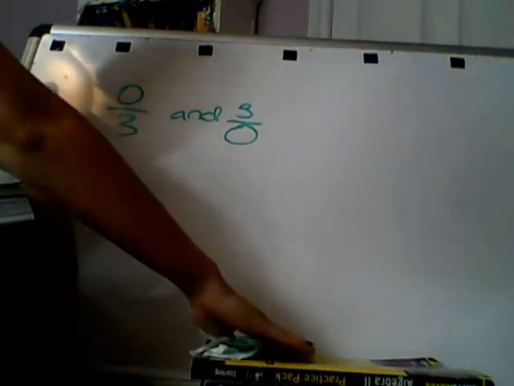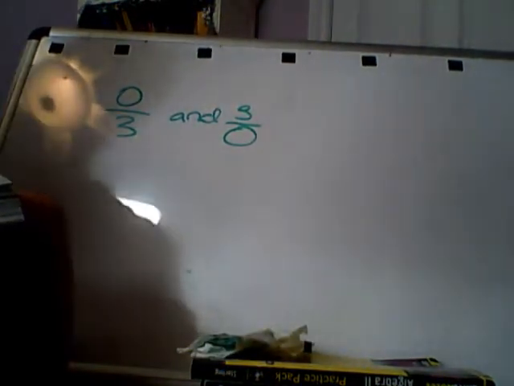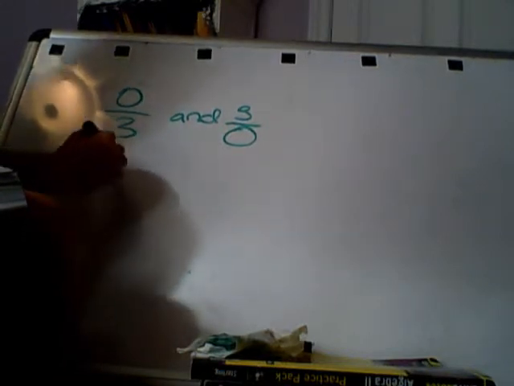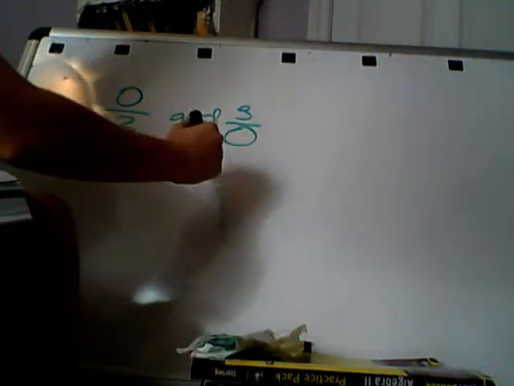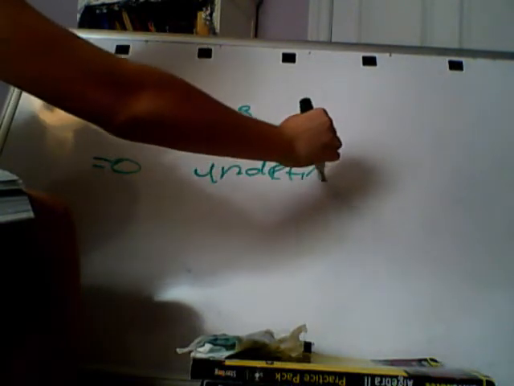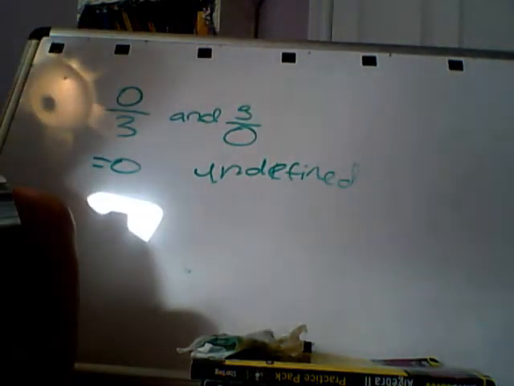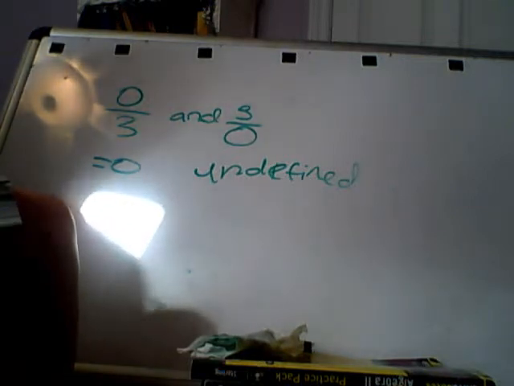Huge. When I mean huge, I mean colossal. 0 divided by 3 equals 0. But 3 divided by 0 equals undefined. And what an undefined number is, or no answer, it's really a brain teaser.